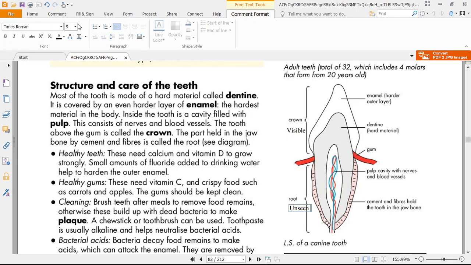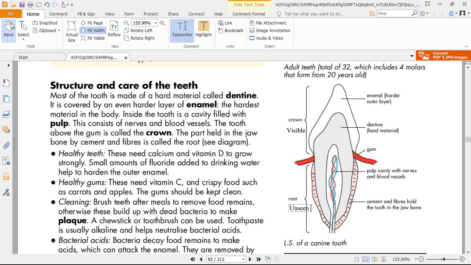The unseen side is where the gum covers it. The unseen part is buried in the gum, and as you can see, the gum here acts as the borderline between the visible side and the unseen side.